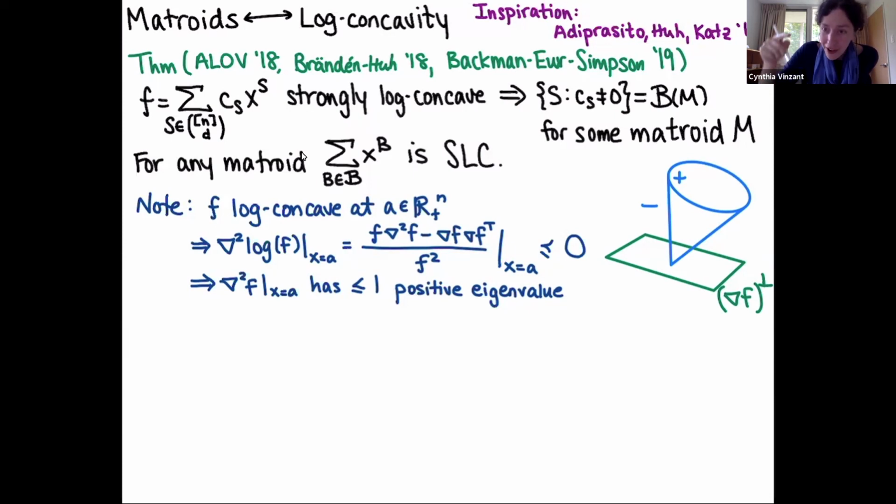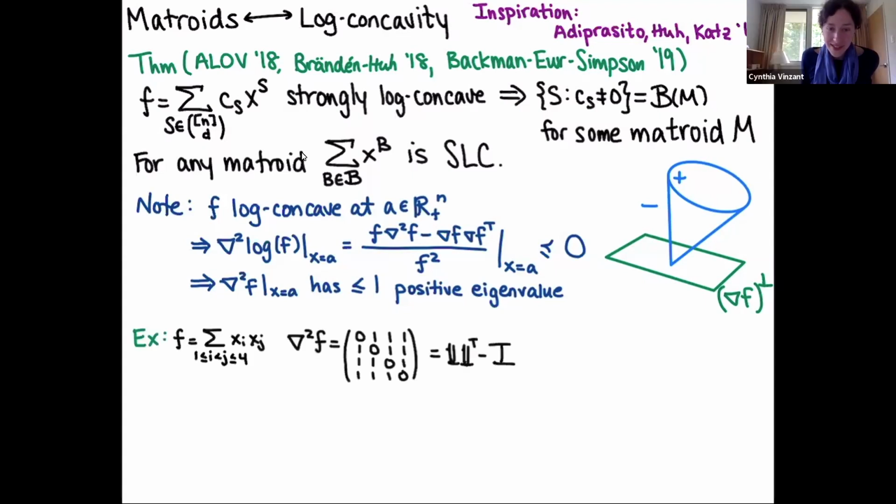So here I've tried to draw the zeros of this quadratic form of the Hessian. It's going to have to be positive on the positive orthant, and it has to take negative values on the orthogonal complement of this gradient.